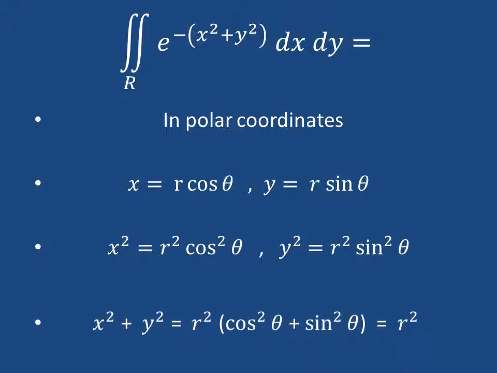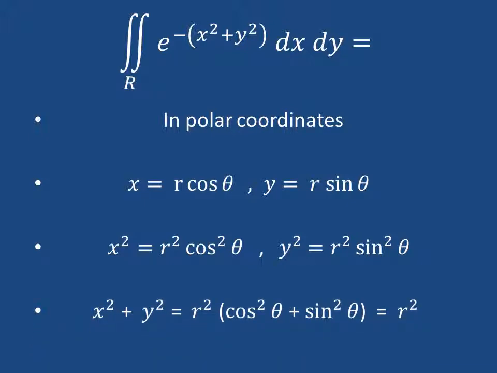When we do, we make our substitution for x squared plus y squared, factor out the r squared, use the fact that cosine squared theta plus sine squared theta equals 1, and everywhere we see x squared plus y squared, this will be substituted with r squared. Simplifies things quite a bit, doesn't it?